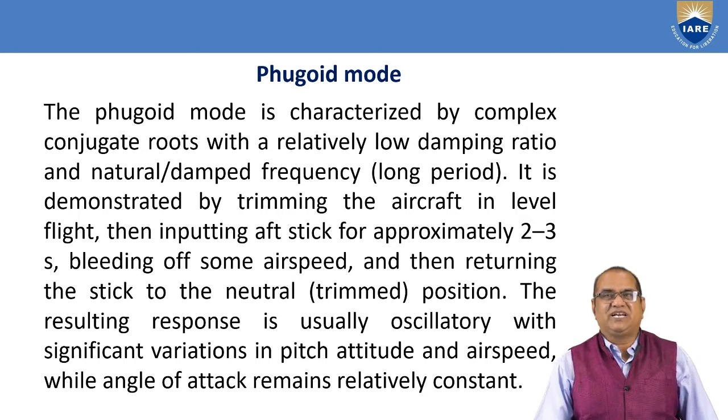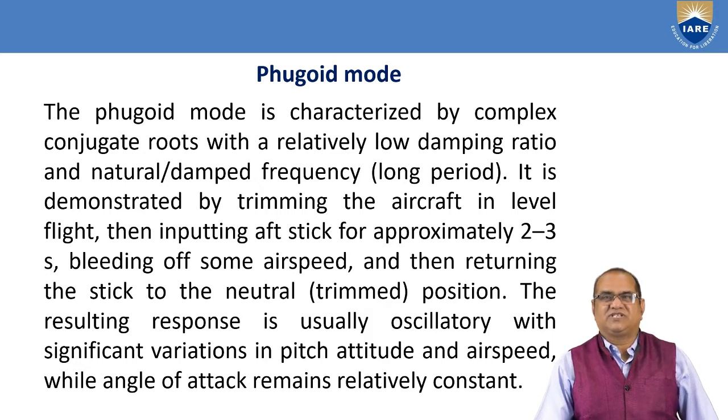It is demonstrated by trimming the aircraft in level flight, then putting aft stick for approximately 2 to 3 seconds, bleeding off some airspeed, and then returning the stick to the neutral or trimmed position.